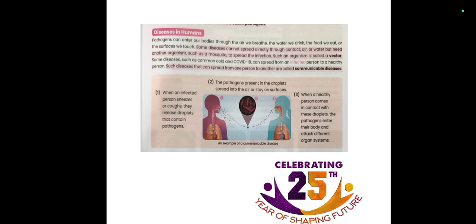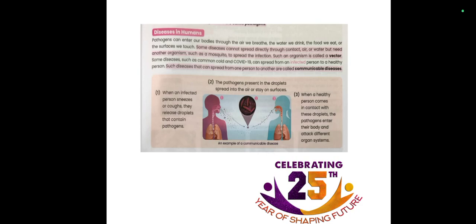But there are some diseases which can spread through direct contact also. Diseases such as common cold and covid can spread from an infected person to a healthy person. Diseases that can spread from one person to another person are called communicable diseases.